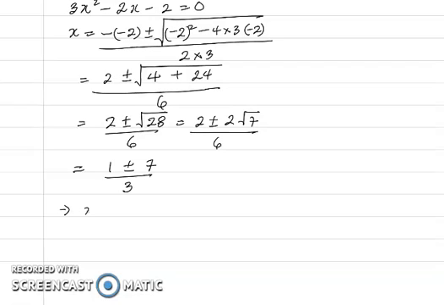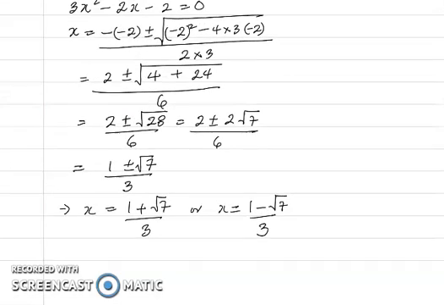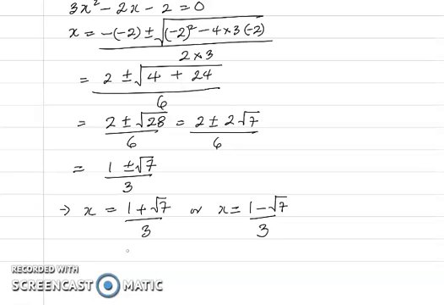So therefore, x is equal to 1 plus root 7 over 3, or x is equal to 1 minus root 7 over 3. So at these values of x, d2y by dx squared is equal to 0. All right, we could say here that this is approximately 1.2, and this is approximately minus 0.5.